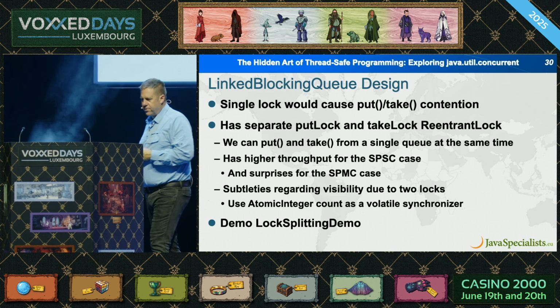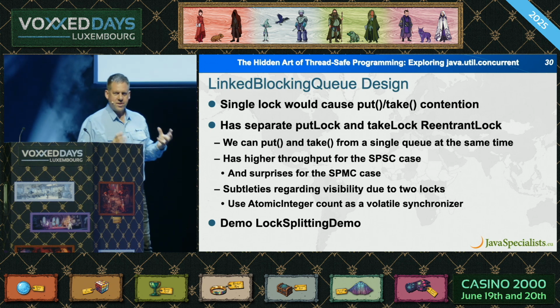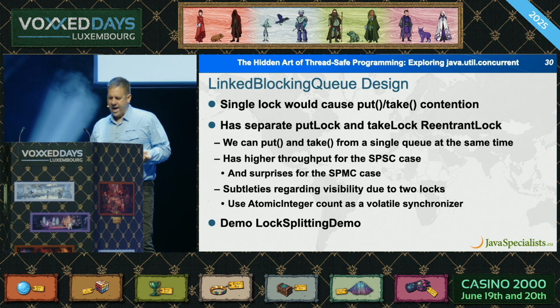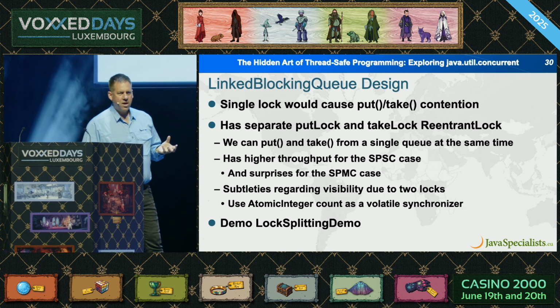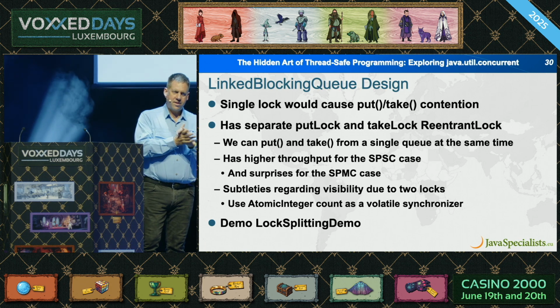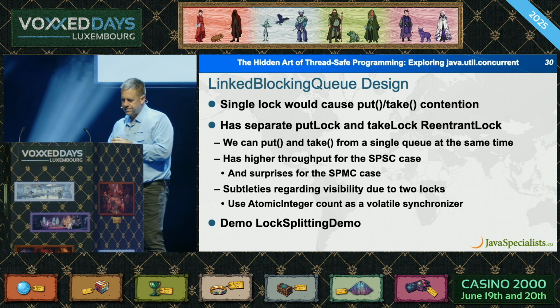And so what they do is they actually have a shared volatile, which they store inside an atomic integer, and that's the count that they use, and they sort of piggyback off the count in order to ensure visibility between putting and taking. Very subtle.